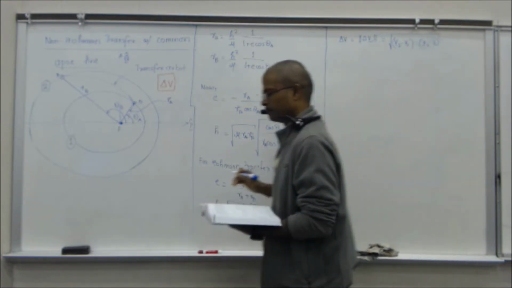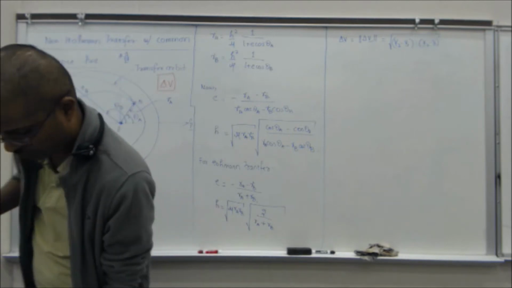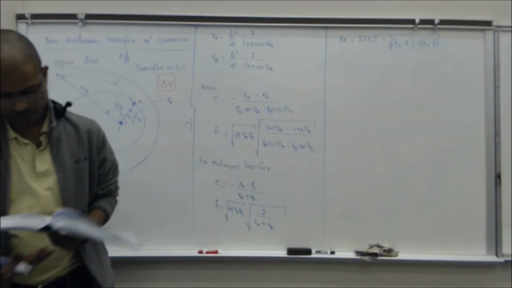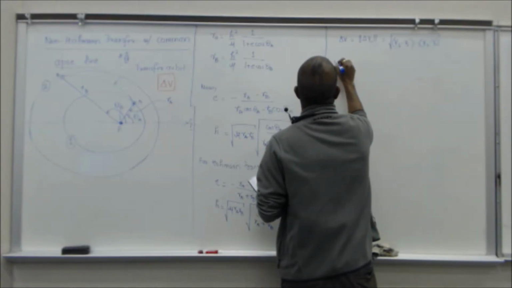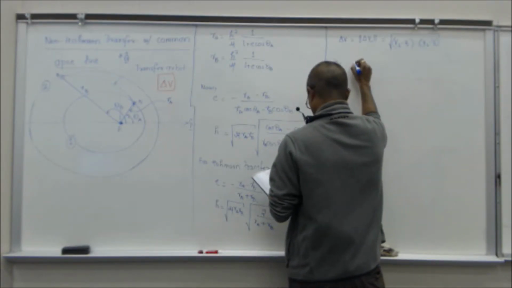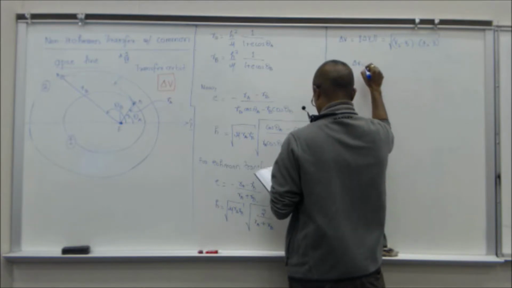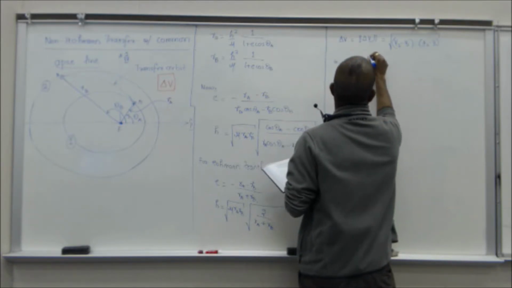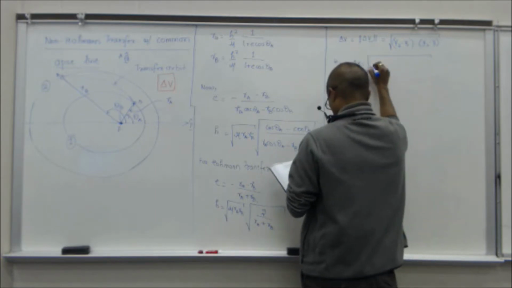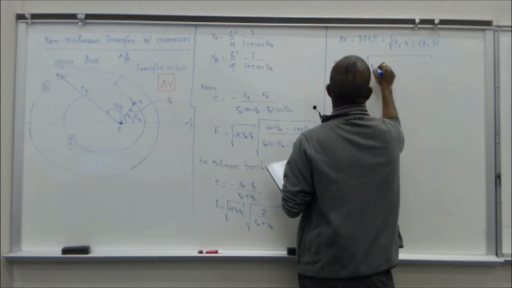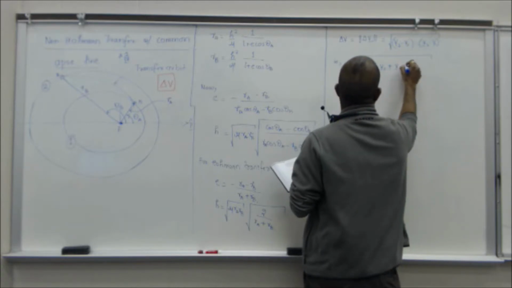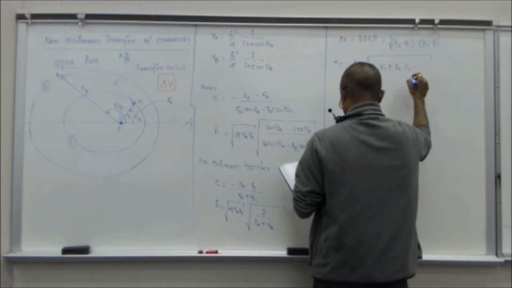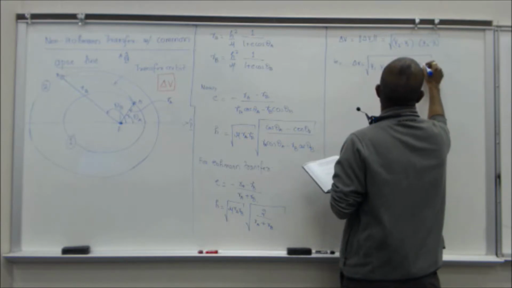Okay. It is going to be the root of V1 dot V1 plus V2 dot V2 minus 2 V1 dotted with V2.